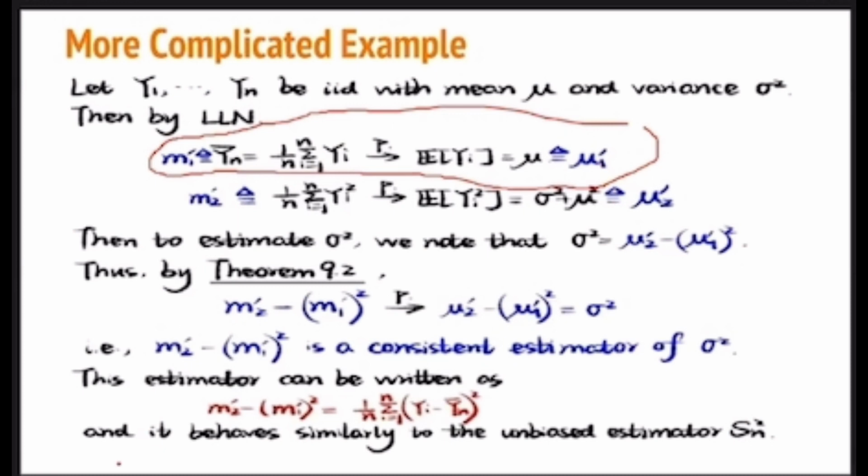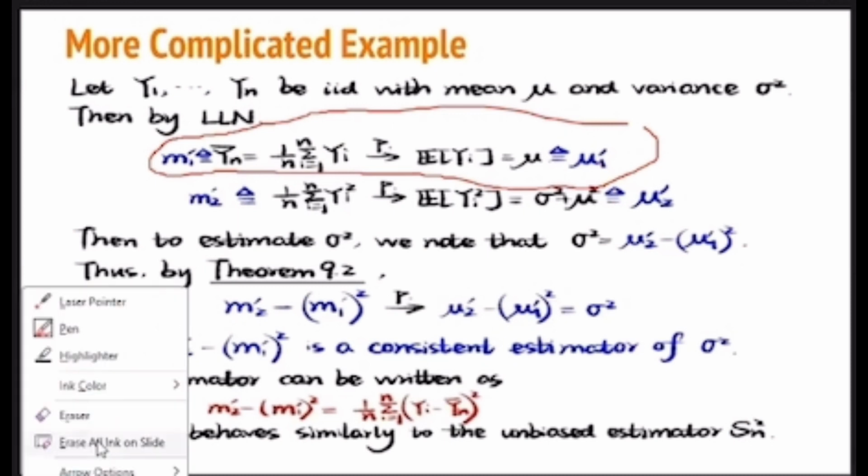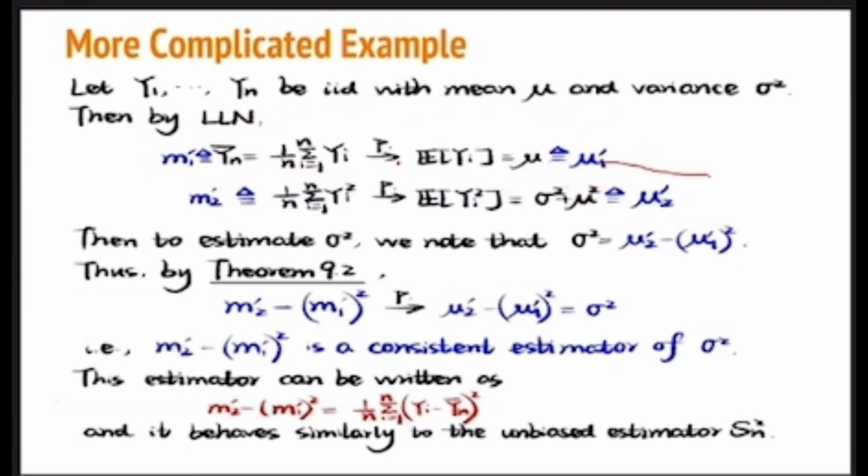I'm also going to apply the same to the second moment. The second moment is the expected value of Y squared. So 1 over n summation Y squared converges in probability to the expected value of Y squared.